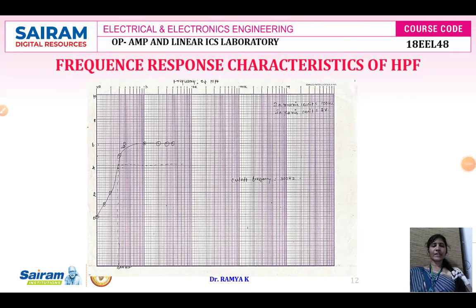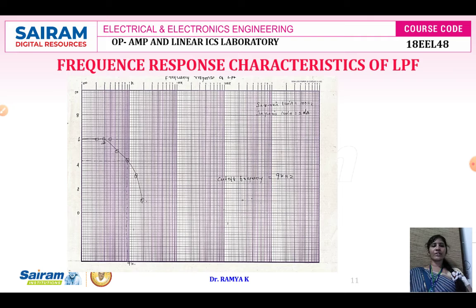So the practical demonstration video is shown, and how to take the readings is also shown. The frequency response characteristics of LPF and HPF, that is low pass filter and high pass filter, have been drawn from these readings. In the case of the high pass filter, we take the lower cutoff frequency, and when you check the magnitude, the gain has been reduced by 3 dB.